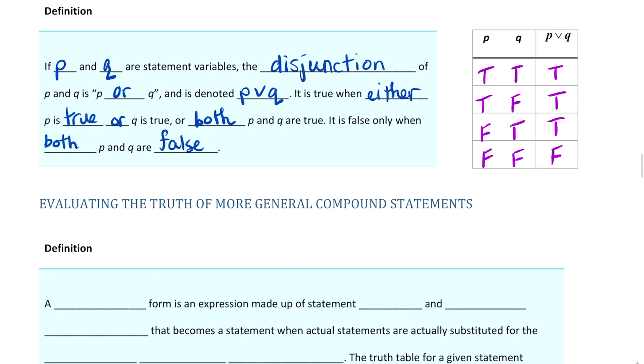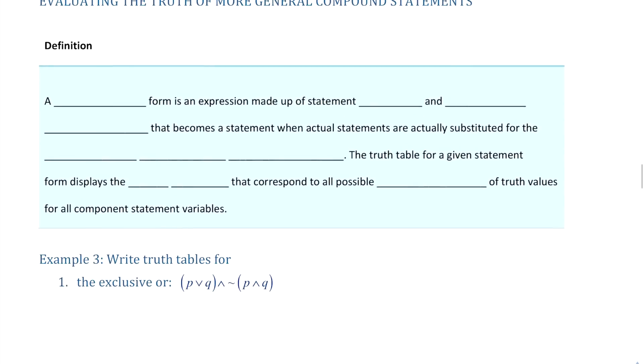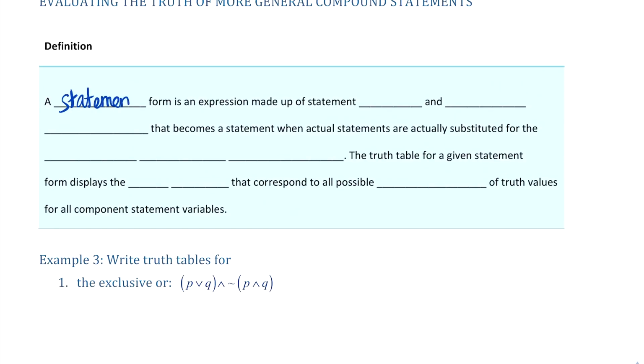All right, so now we move on to evaluating the truth of more general compound statements. A statement form is an expression made up of statement variables and logical connectives. So the logical and, the logical or, the not, those were all logical connectives.